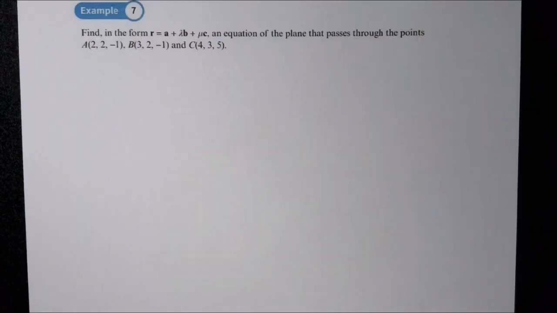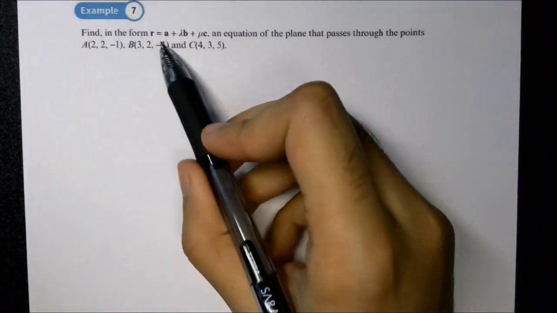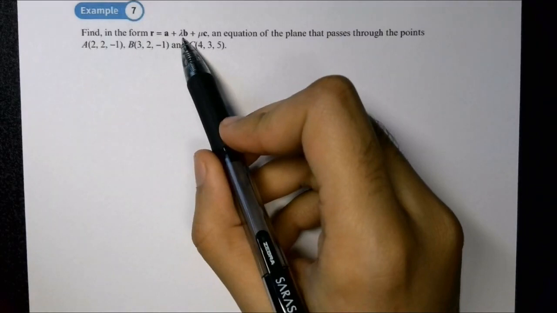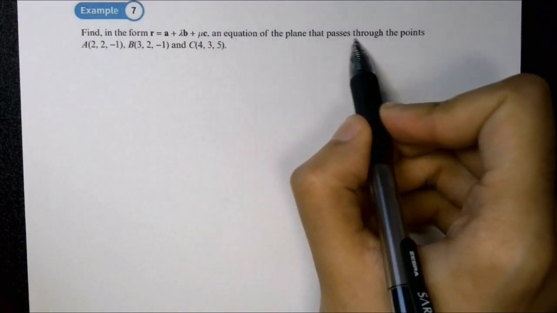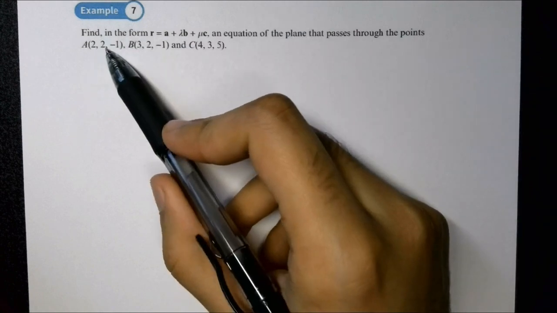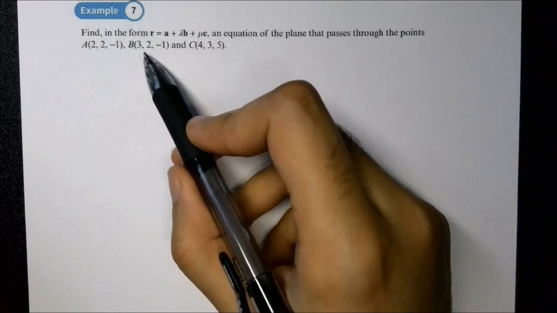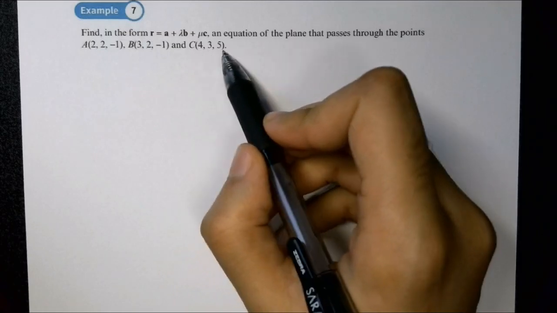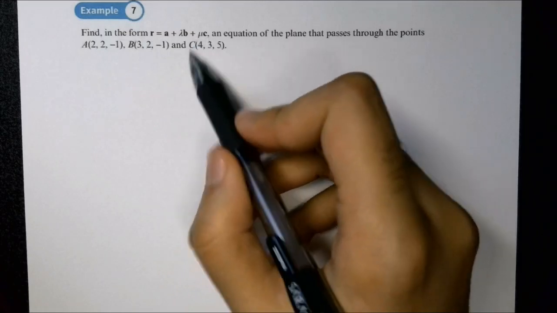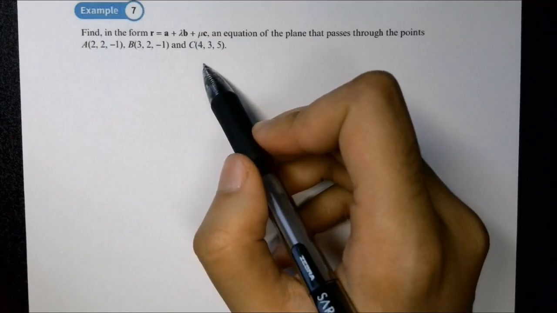Example number 7, we have to find in the form R equals A plus lambda B plus mu C an equation of the plane that passes through the points A with coordinates 2, 2, minus 1, B with coordinates 3, 2, minus 1, and C with coordinates 4, 3, 5. Now, to do this, I think it will help to draw a diagram.